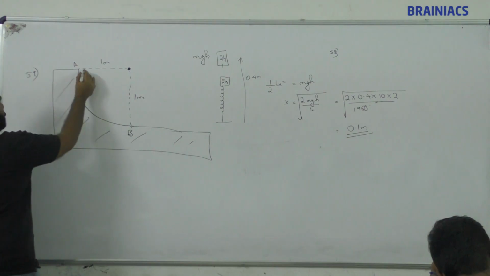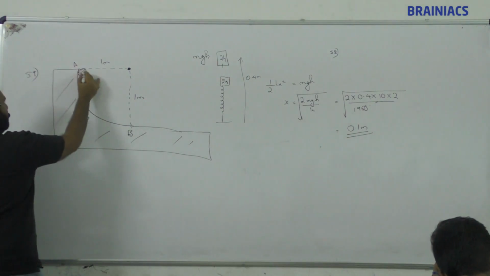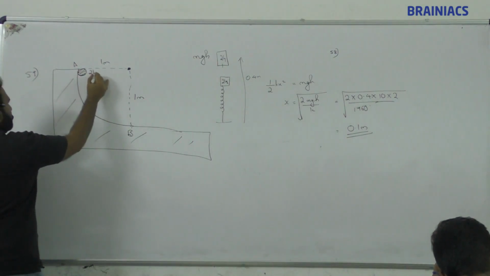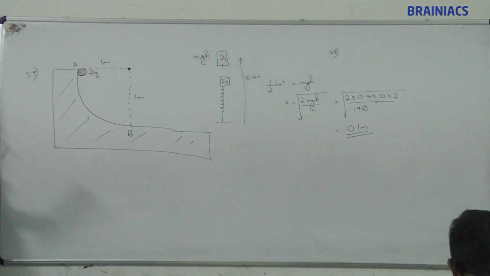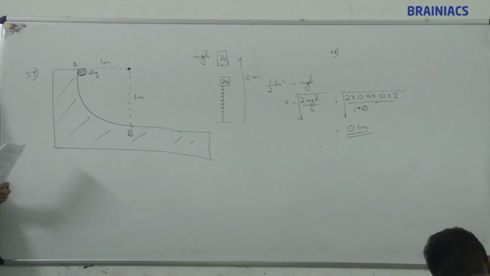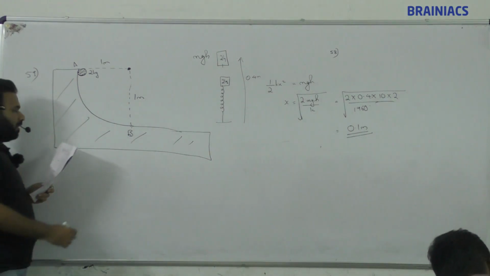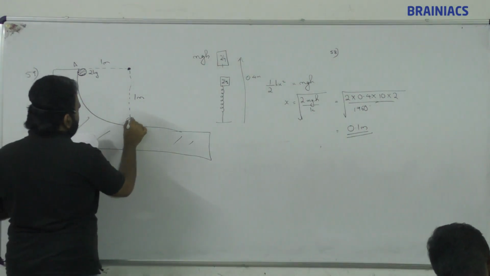So a mass of 2 kilogram is released from A, on the track that is one quadrant of the circle of radius 1 meter. It slides down the track and reaches B with a velocity of 4 meter per second.